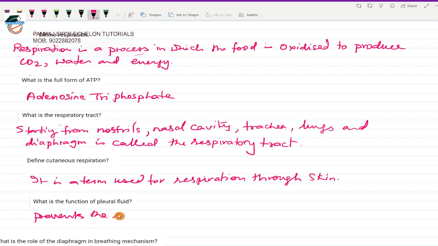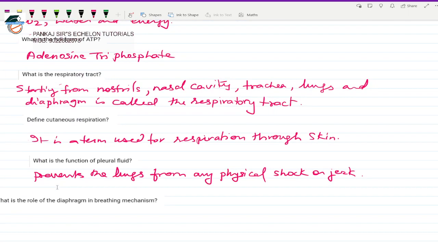This pleural fluid, which is present between the two layers of the pleural membrane surrounding the lungs, prevents the lungs from any external physical shock or jerk.